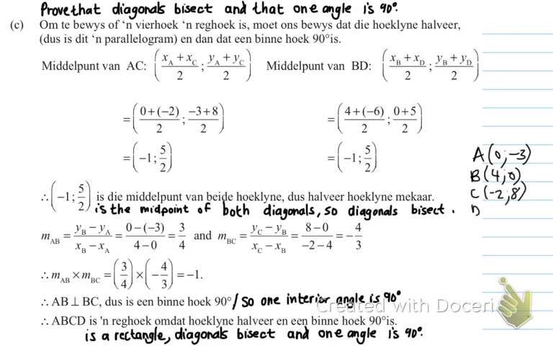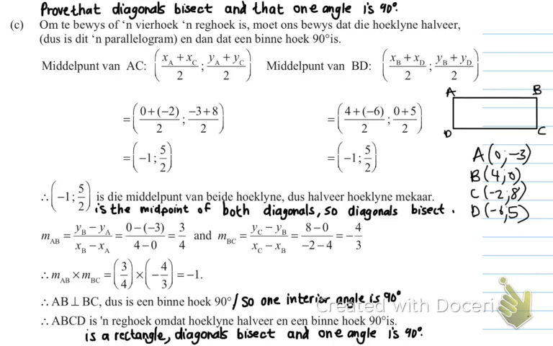And D, -6, 5. We have to show that ABCD is a rectangle. So let's quickly just draw a rectangle. Okay, and always the letters are in order, A, B, C, D, like I would draw the rectangle with my finger.